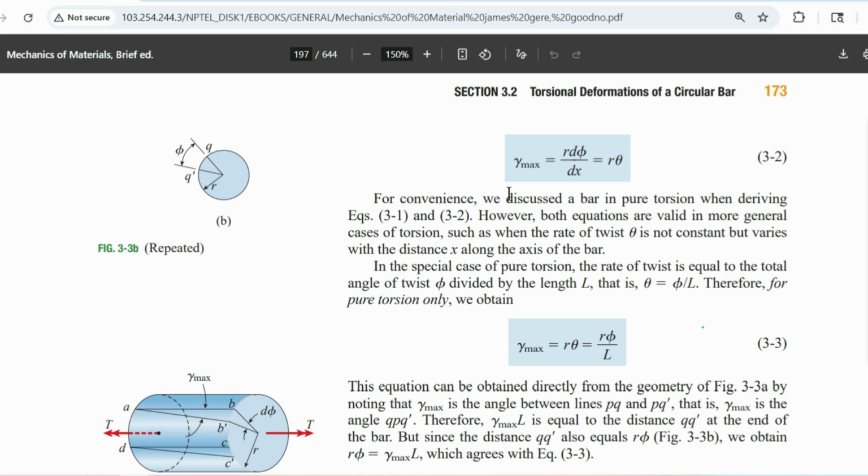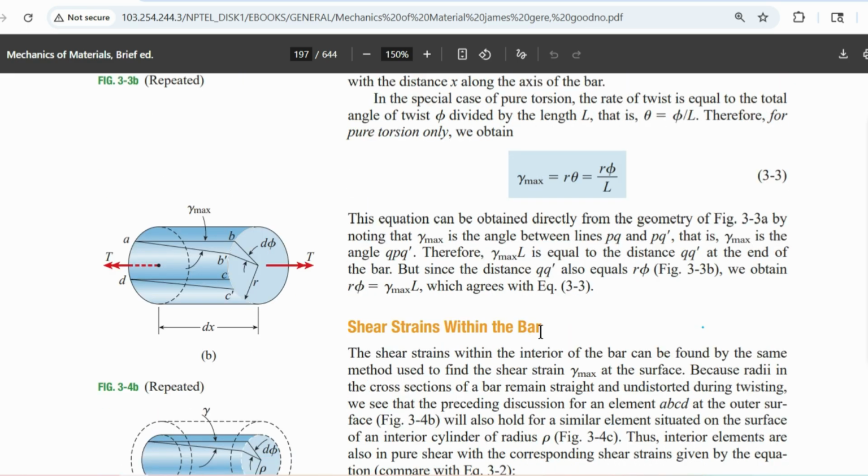So this is the general equation, and then you want to figure out what the rate of twist is. The rate of twist is the derivative, and this derivative might not be constant. But in our case, it is constant. It's just phi divided by L. That's this twist rate, and then we throw that in. So we have R phi divided by L, and that's what we have here. R phi divided by L is gamma max.